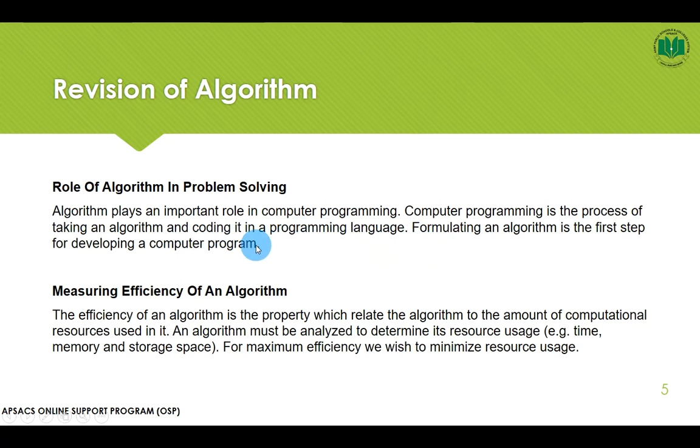So algorithm will be the step-by-step procedure. If we have created a step-by-step procedure, we just have to follow this procedure to get our result. For example, if you're going shopping to buy something, you have almost 10 to 20 items to purchase.